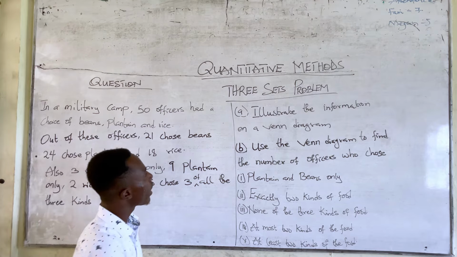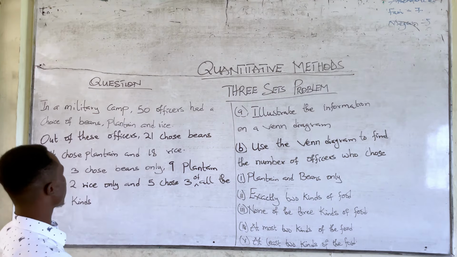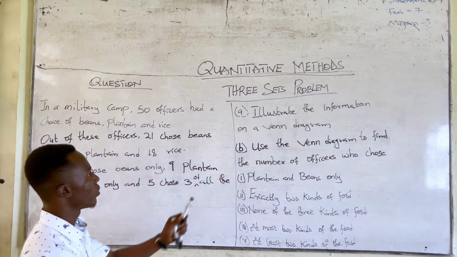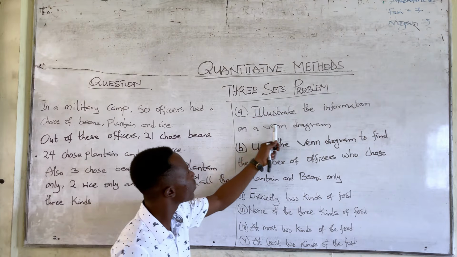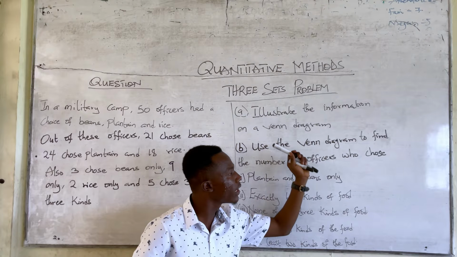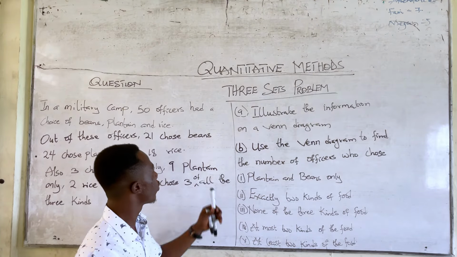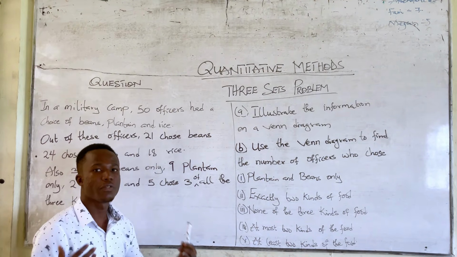Now there's the question itself; that was just the preamble. Question A says illustrate the information on a Venn diagram. So we are going to present this information on a Venn diagram.